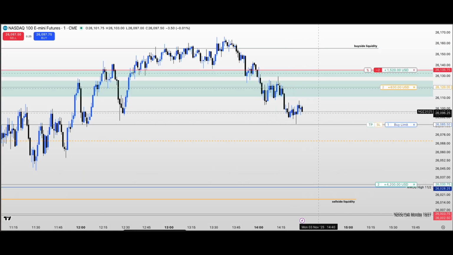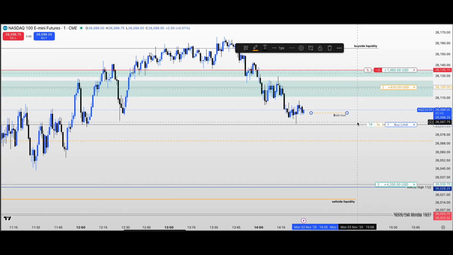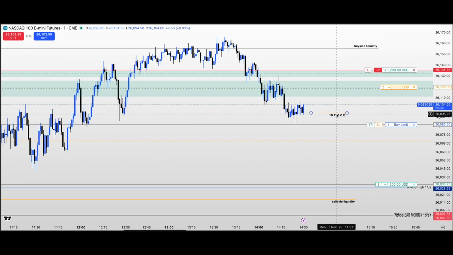I want to see us close below this 96.25 level here. Once again, this is the consequent encroachment of the fair value gap, excluding the volume imbalances that create the suspension block.